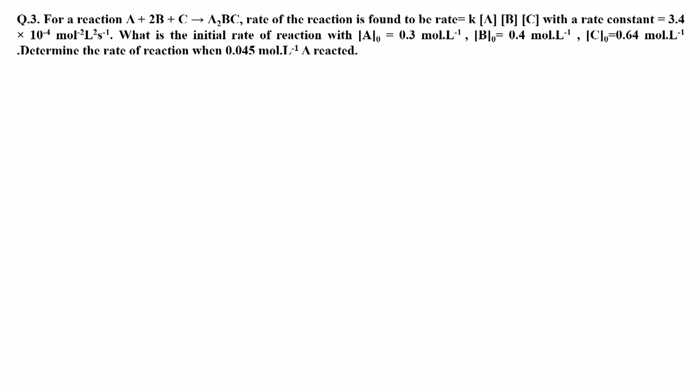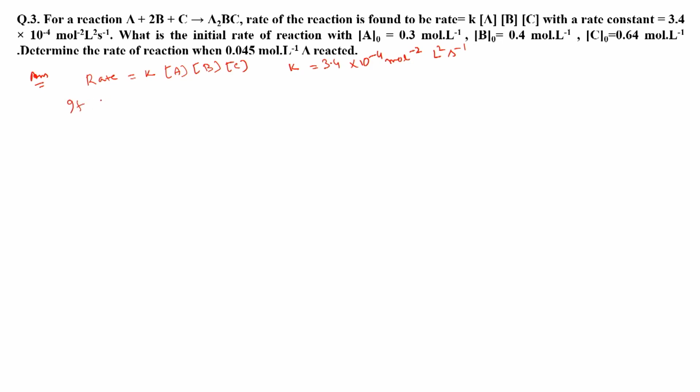Okay, so if we start with the rate, so what is the rate? So rate is, as mentioned, K times concentration of A times concentration of B times concentration of C. This is the rate. Okay, and the value of K is given. K is 3.4 times 10 to the minus 4 mole to the minus 2 L squared s to the minus 1.